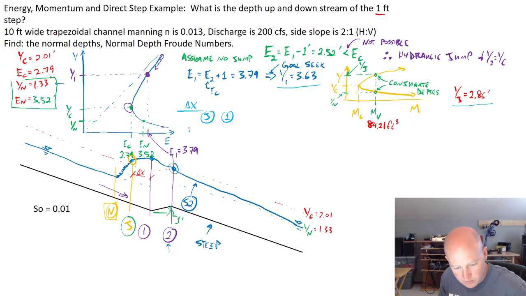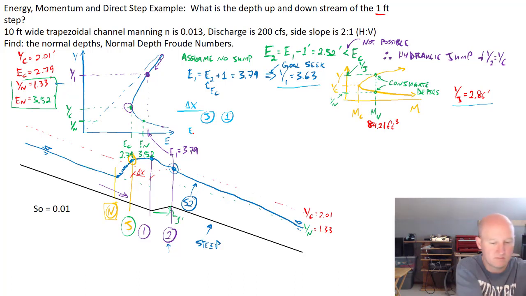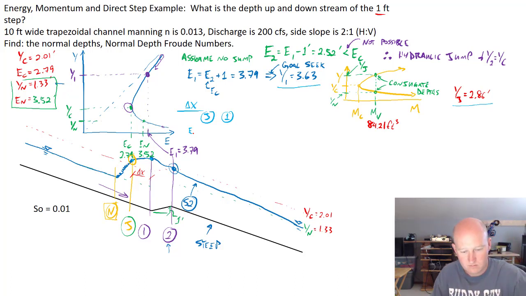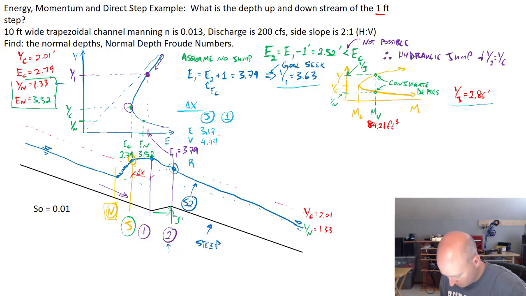And we need to know the energies, and we need to know the velocities, and we need to know the hydraulic radiuses, and I looked at those in the spreadsheet.